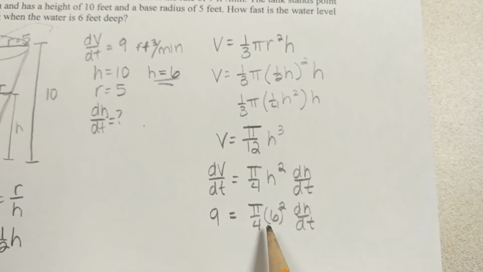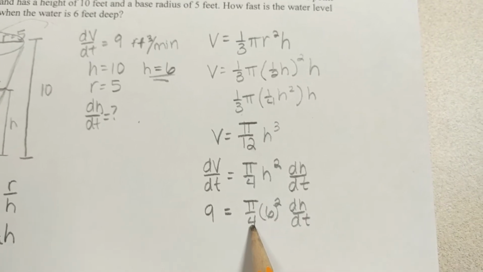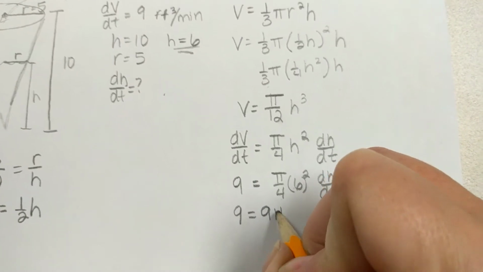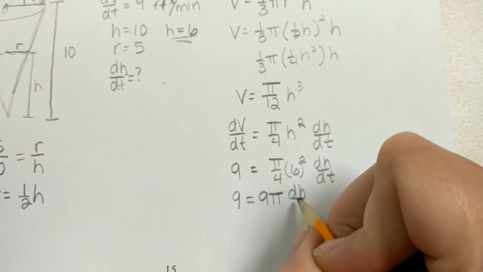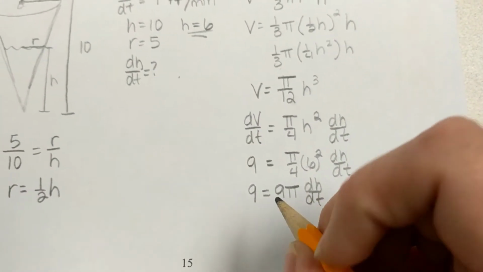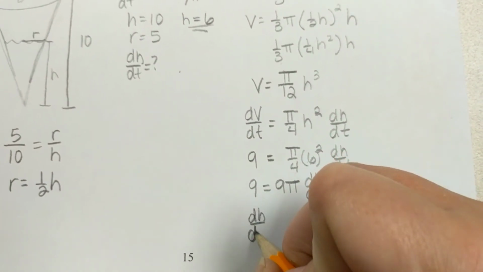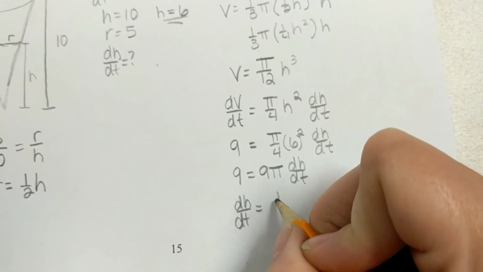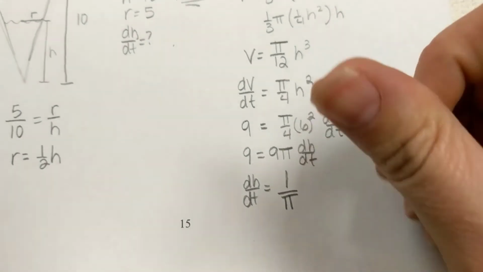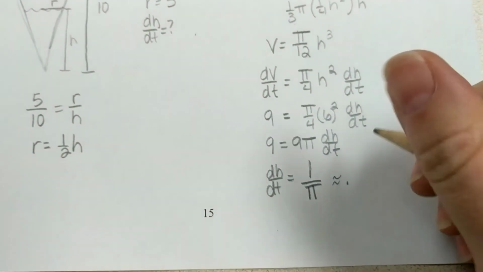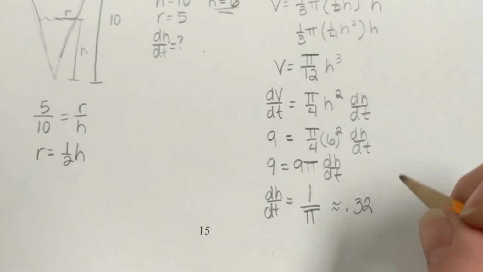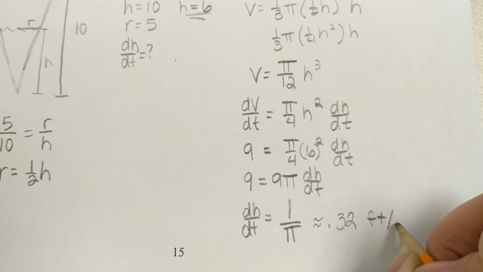So 6 squared is 36. 36 divided by 4 is 9. So I get 9 equals 9 pi dH/dt. So when I divide by 9 pi, we get that dH/dt equals 1 over pi, which I believe is about 0.32. I believe, double check on your calculator, 0.32 feet per minute.